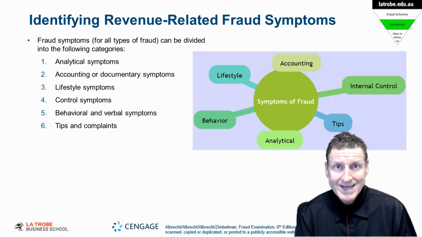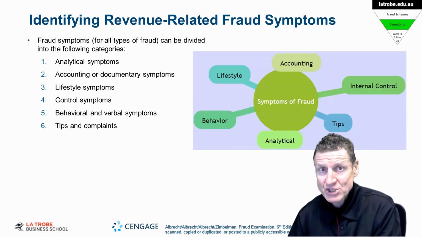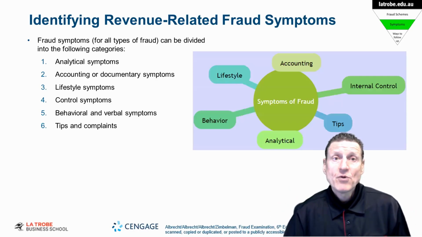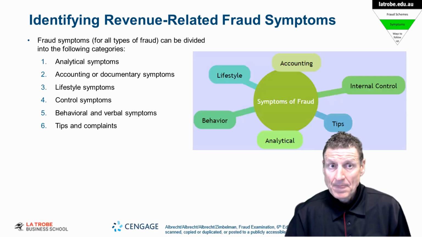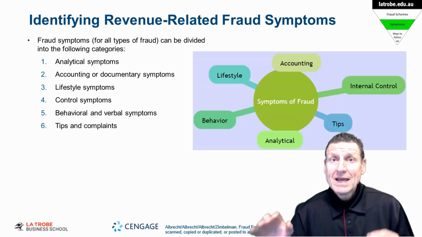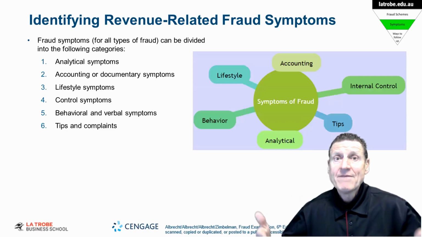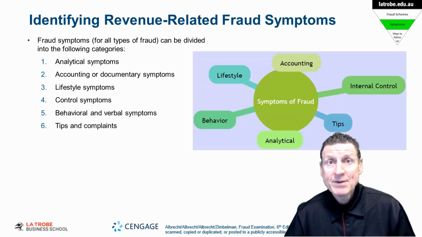And as you'll see in this part and the next part and the next chapter, with these financial statement frauds, the heavy lifting of the symptoms come from the accounting and documentation and the analytical and the tips and complaints, because it is the senior management that are the common fraudsters in these financial statement frauds. And you would expect senior management to have some level of extravagant lifestyle anyway.